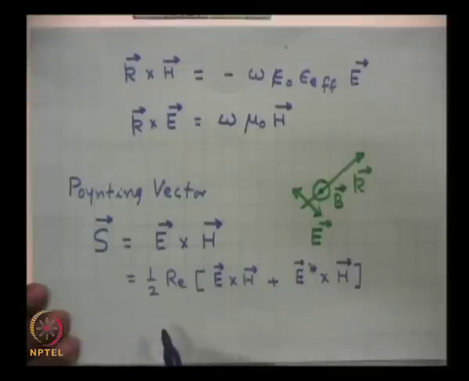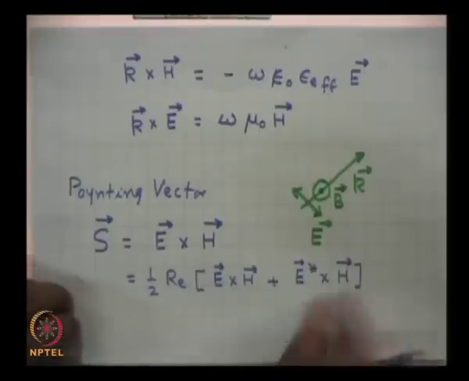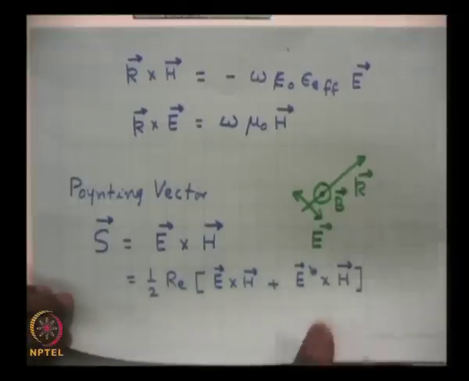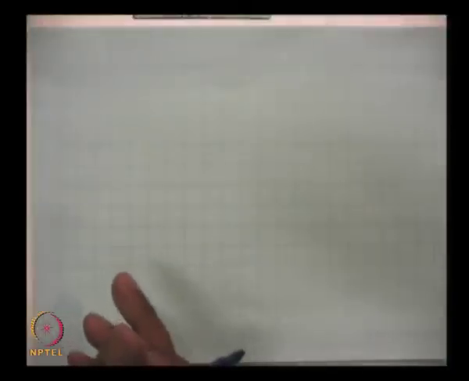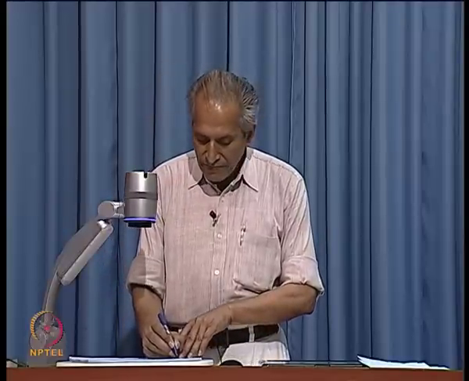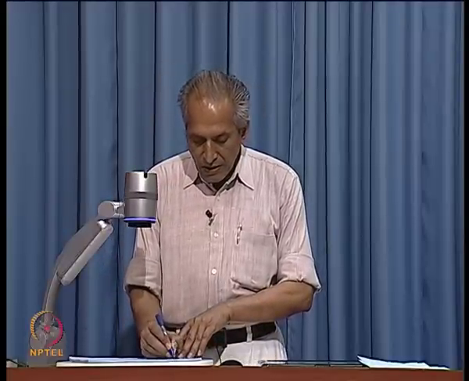So let me write down the values of E and H and see what the Poynting vector is.